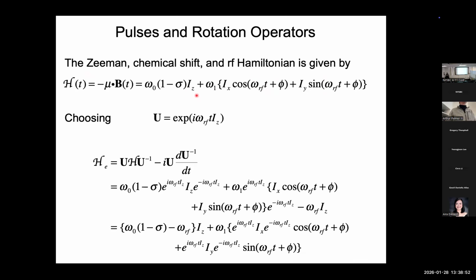Sorry, what's omega 1 again? Omega 1 would just be the amplitude of the B field, the magnetic field, measured in angular units. So the amplitude of the B field, of course, is in Tesla or millitesla, but it appears multiplied by gamma and h bar.